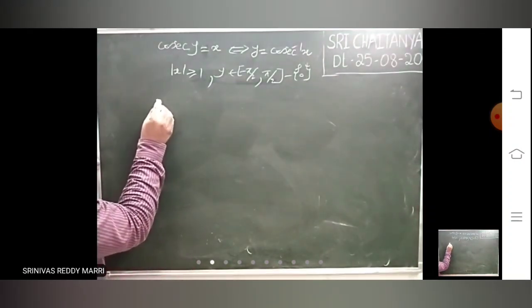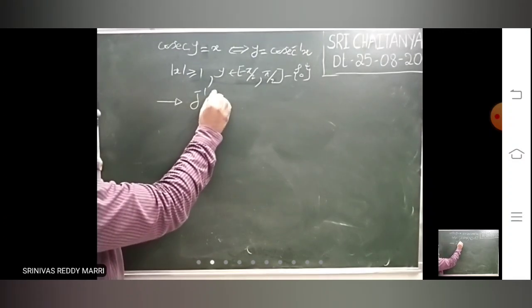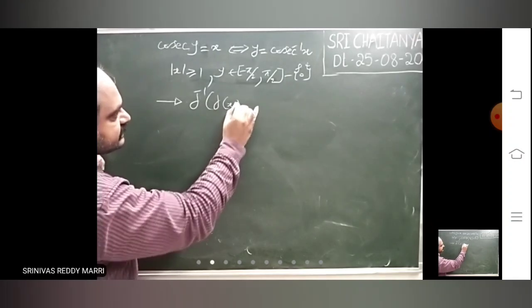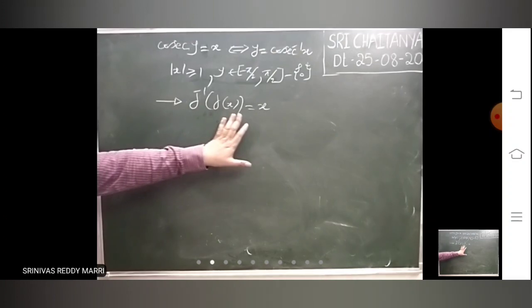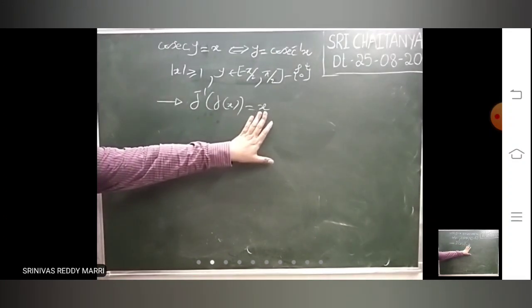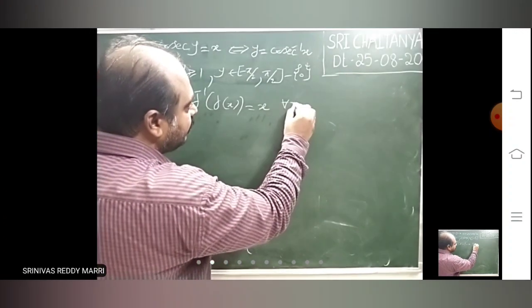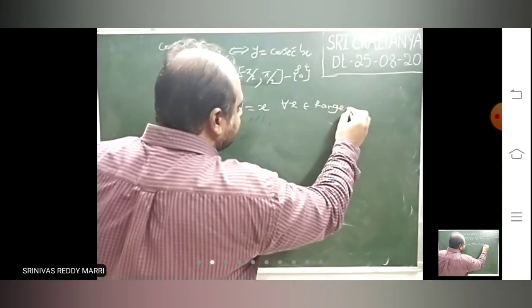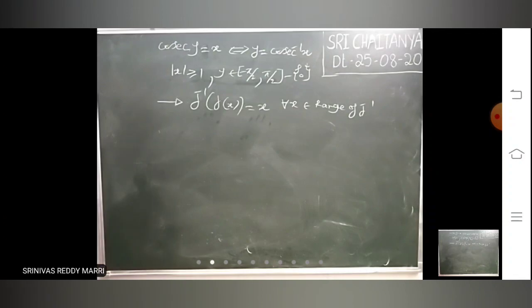Okay. I have told the two properties of inverse functions. F inverse f of x equal to x, for all x belongs to the range of f inverse.